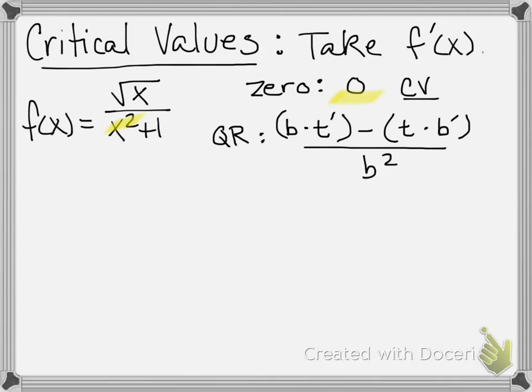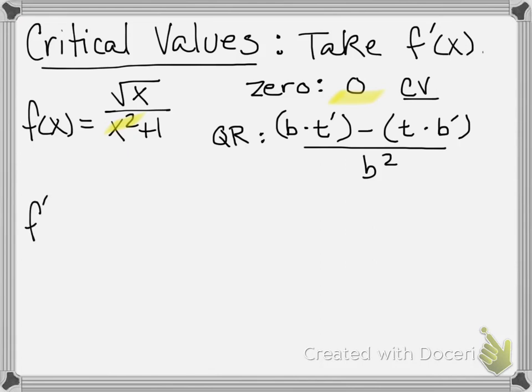Alright, so now we can go ahead and start working this out. If you wanted to, you could make it a little bit simpler for you by changing the powers and all that to save time, but I'm just going to go ahead and write this out.